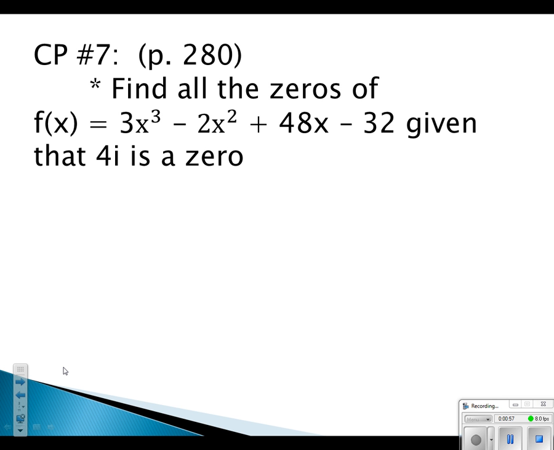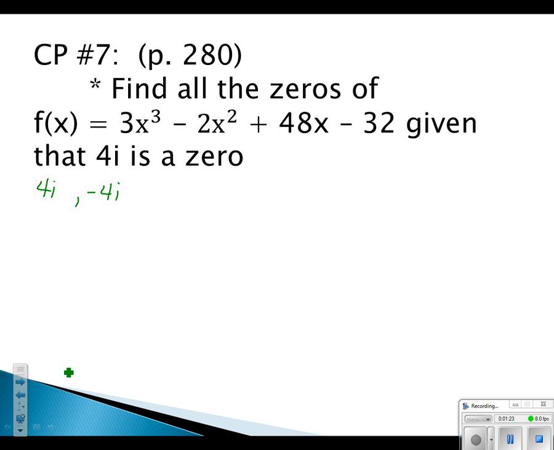So this one has the function 3x cubed minus 2x squared plus 48x minus 32, and it gives us that 4i is a zero. Now remember that if a complex number is a zero, so knowing that 4i is a zero, negative 4i must be as well.